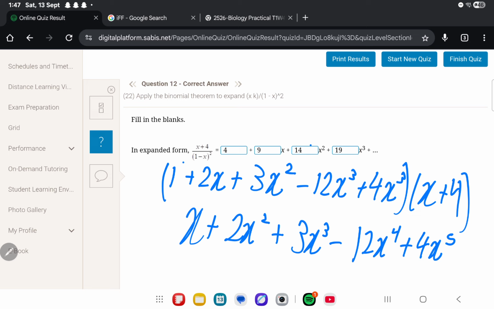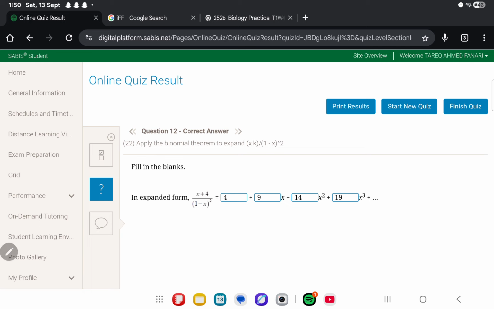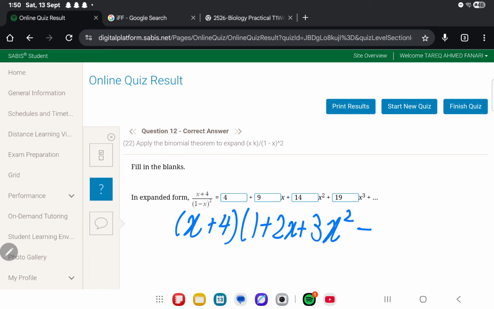Or wait, what? I skipped something. One second. Okay, so the correct expansion, this is where I made the calculation mistake. The correct expansion is x plus 4 into 1 plus 2x plus 3x squared plus 4x cubed.